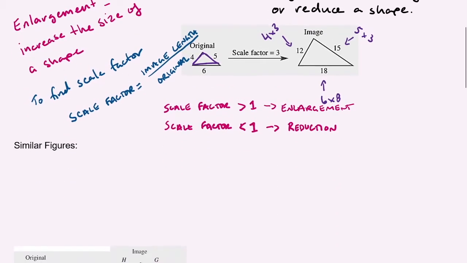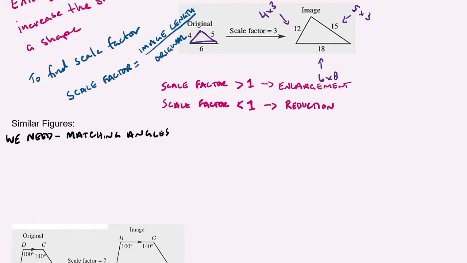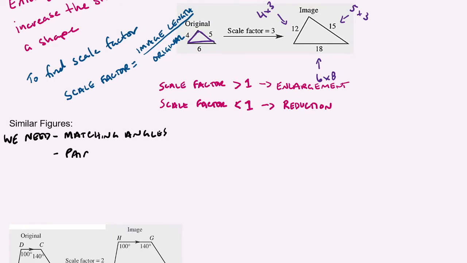Now in terms of similar figures, we need matching angles, so the angles will be the same no matter what. And pairs of matching sides that have the same proportional ratio.